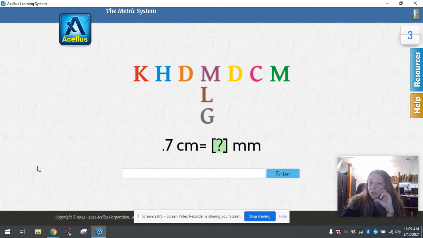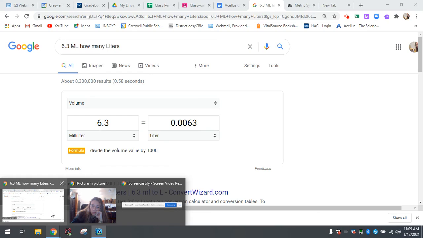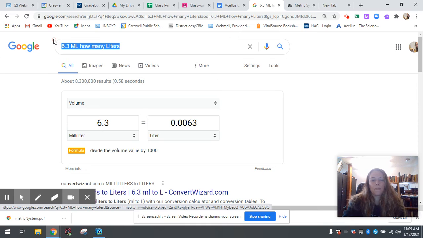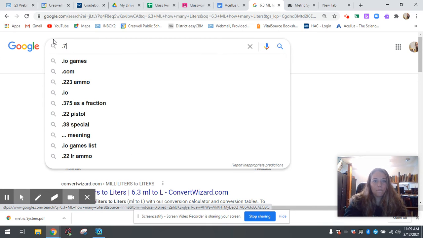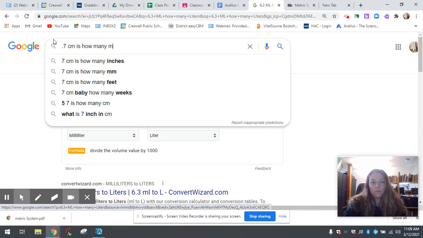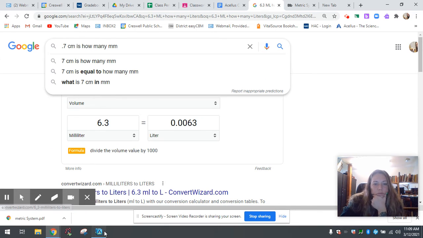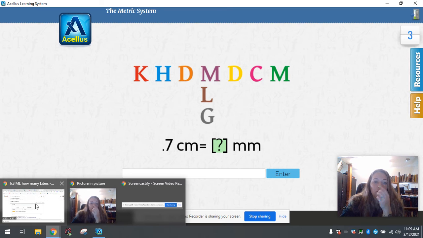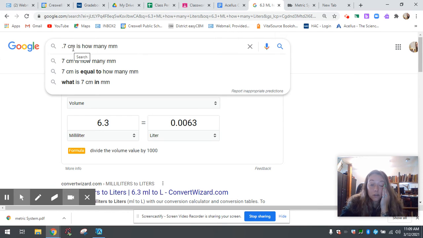0.7 centimeters is how many millimeters? It just gives you these abbreviations for centimeters and millimeters, so I'm going to just put those in Google in case you don't know what they stand for.